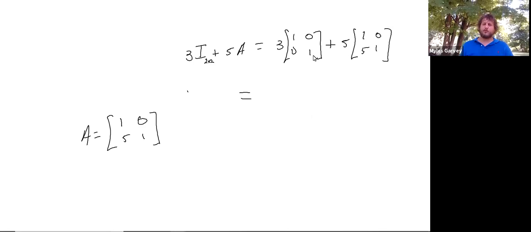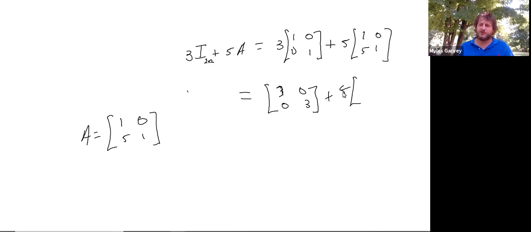Working through the arithmetic of that, we have [3, 0; 0, 3] plus, distributing the 5, [5, 0; 25, 5], which of course gives us [8, 0; 25, 8], right?